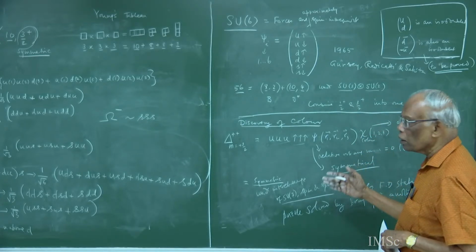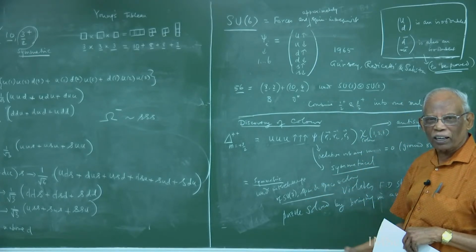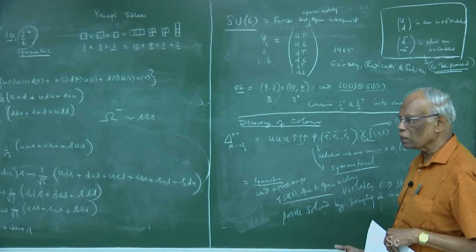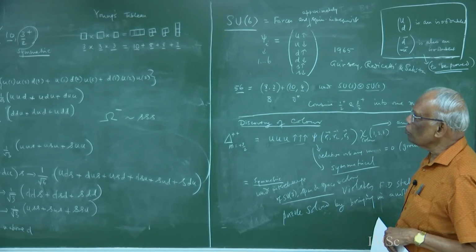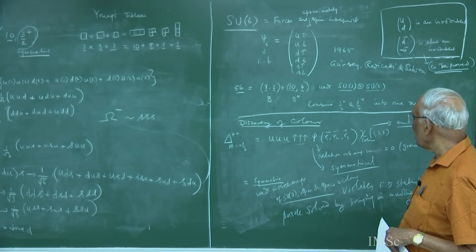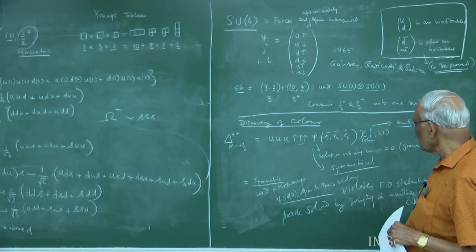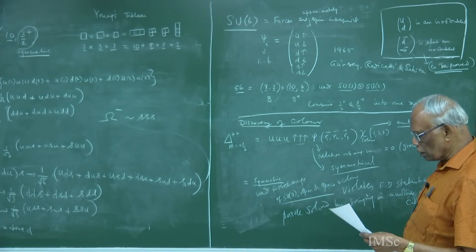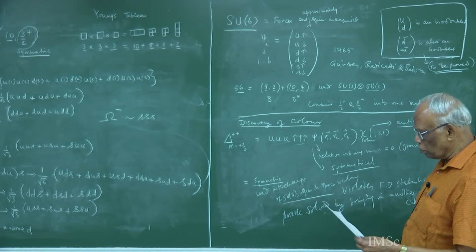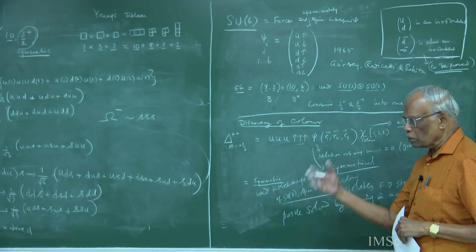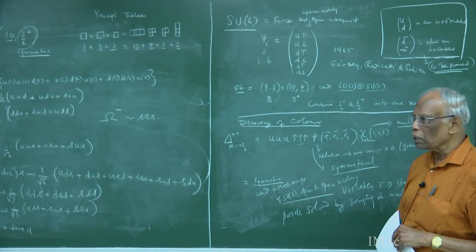See how it entered. It entered through the back door in some way, because Fermi-Dirac statistics has to be satisfied if the quark model is correct. Meanwhile, there were other suggestions for quarks. Since quarks were peculiar objects, they thought they satisfy parastatistics and so on. That was Greenberg's suggestion.